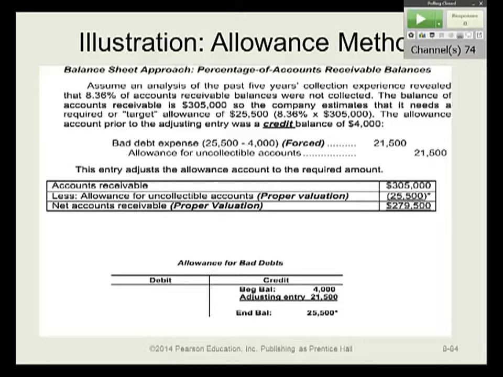And when you write it off, notice what happens to the receivable. I'm going to put this up on the T accounts as well. So let's do a write-off. In a write-off, we're going to write off $25,000. When you write it off against the receivable, the receivable balance is now 280.